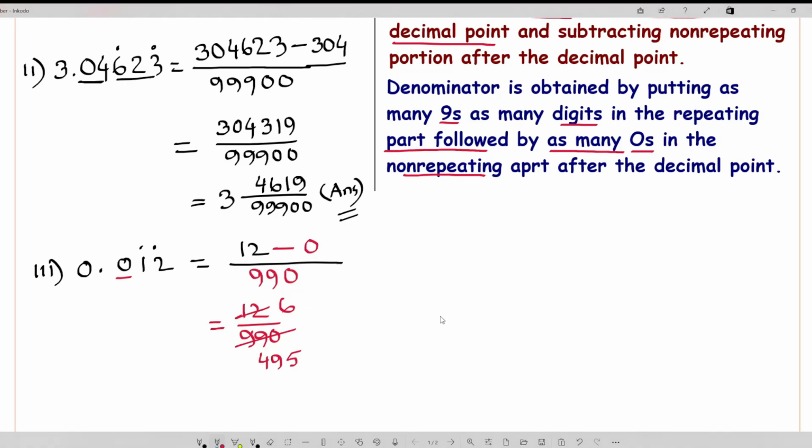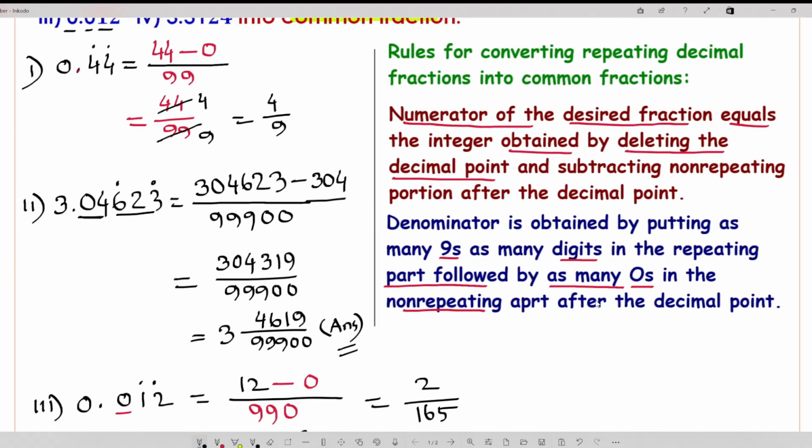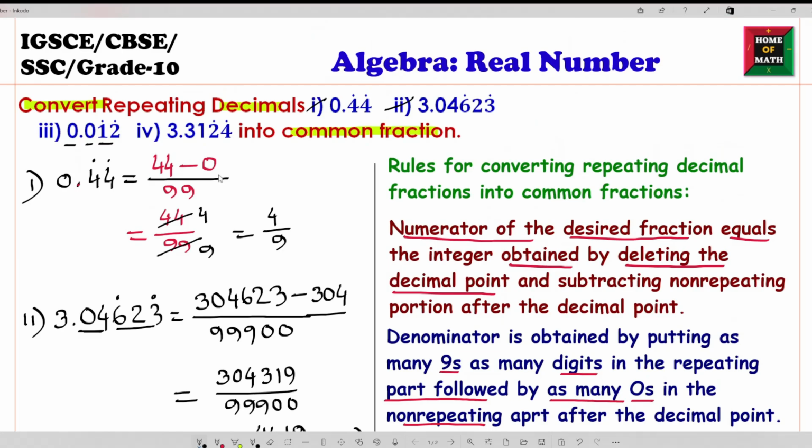Again this one we can divide by 3, so here is 2 and here is 165. So our answer is 2 over 165, right? Number 3 done.